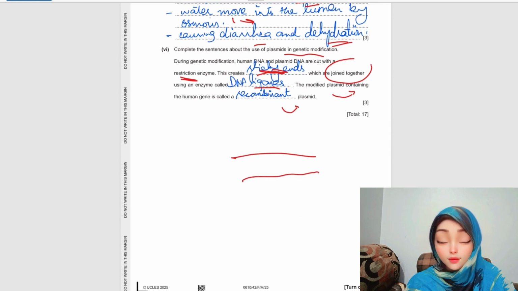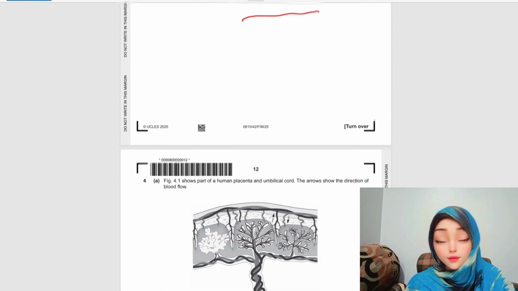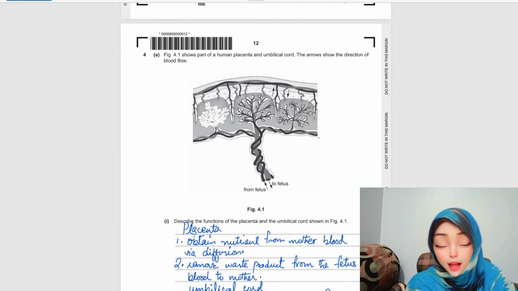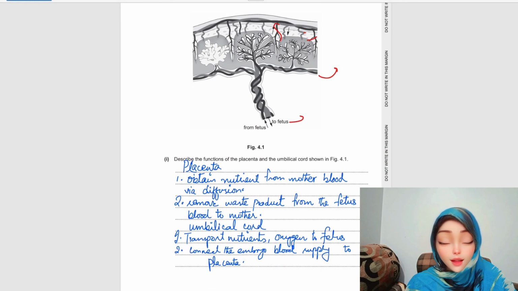Now move on to question number 4. Here you may observe the human placenta and the umbilical cord, and here is an arrow describing the direction of blood flow. We need to describe the functions of the placenta and umbilical cord shown in figure 4.1.